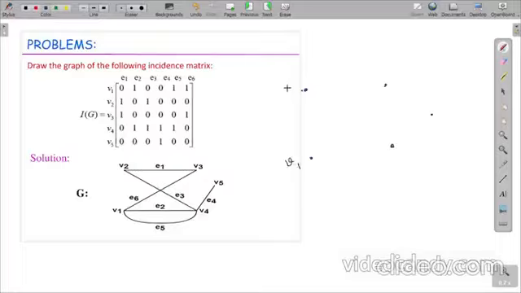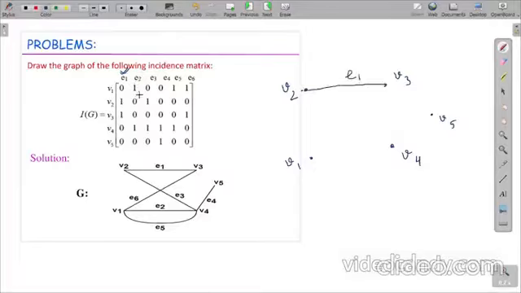V1, V2, V3, V4 and V5. First, V1 is connected. E1 connects V2 and V3.